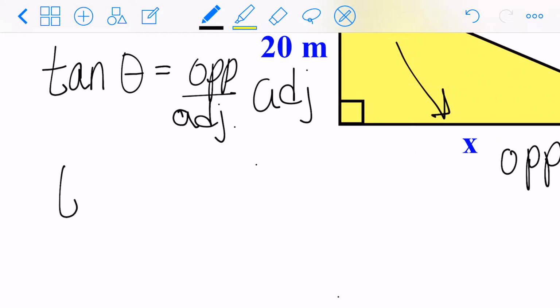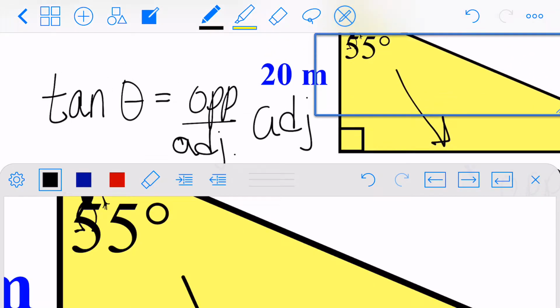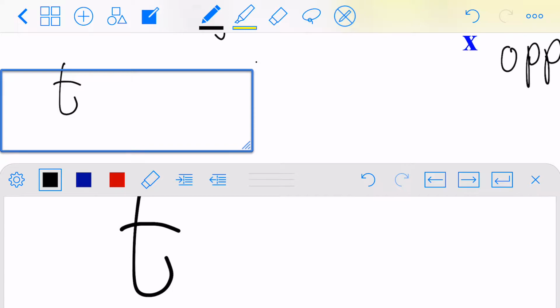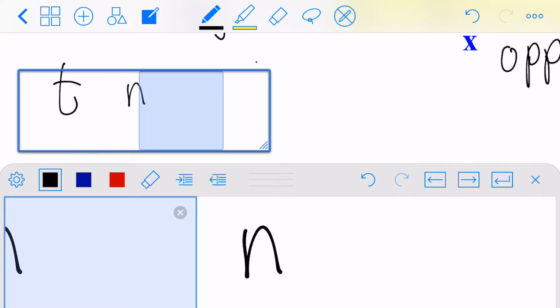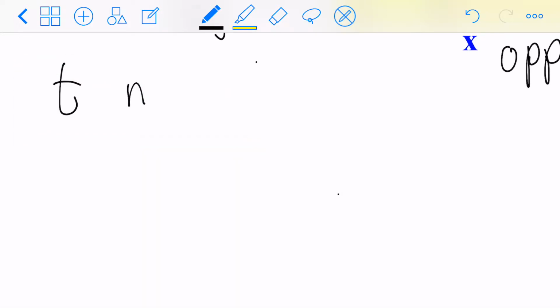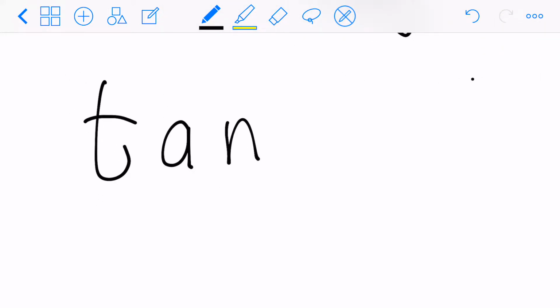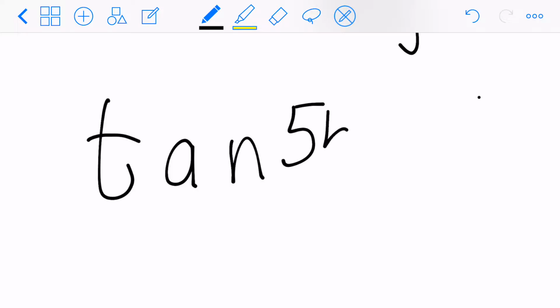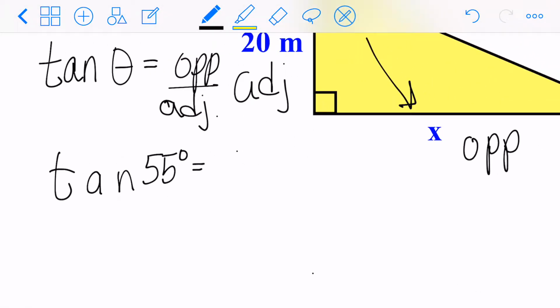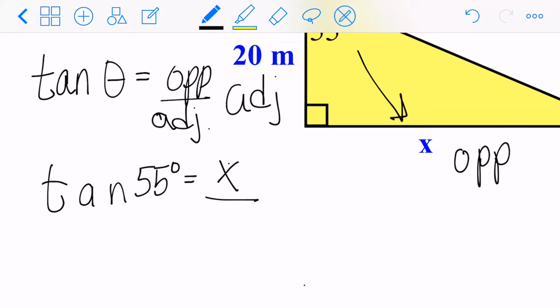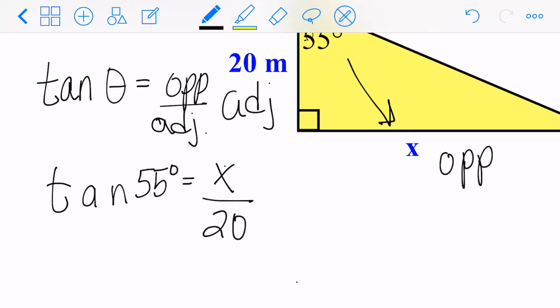So we now know what theta is. Theta is 55 this time. So tan of 55 degrees is equal to our opposite, which is x, over our adjacent, which is 20.